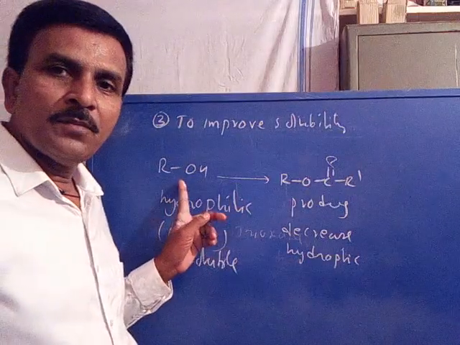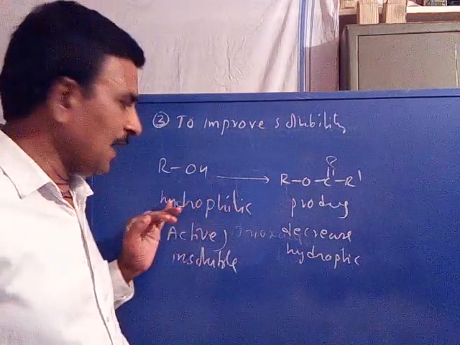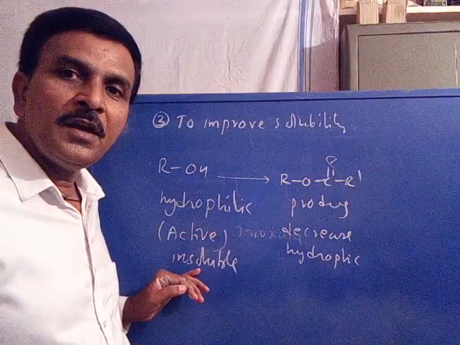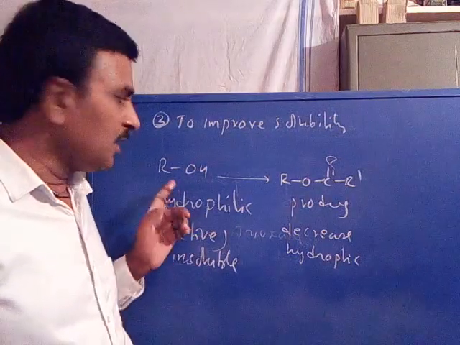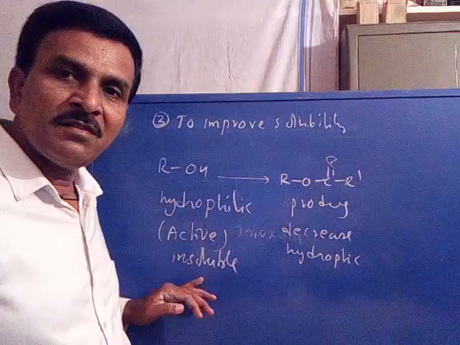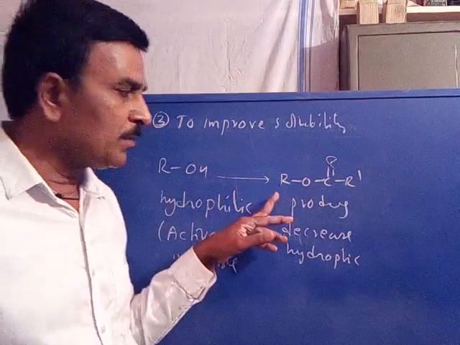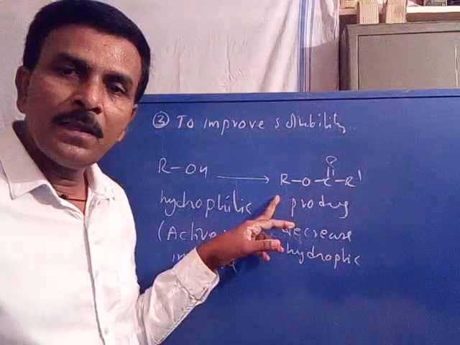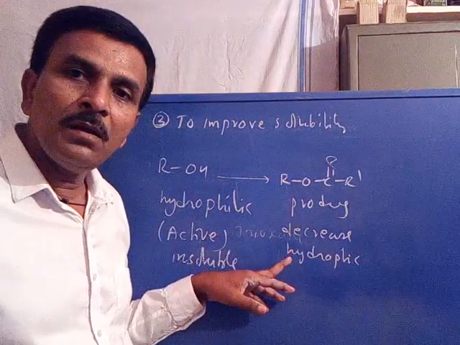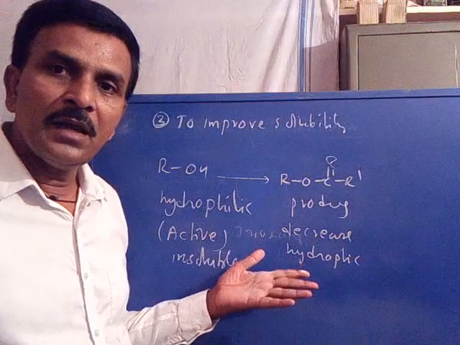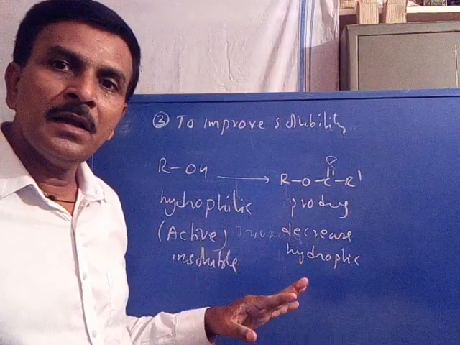In the active form, when the OH group is free, it has hydrophilic nature, therefore insoluble in lipid. So the drug in the active form, if insoluble in lipid, is transformed into its prodrug in such a way as to be more soluble in the specified liquid, either in water or in lipid.